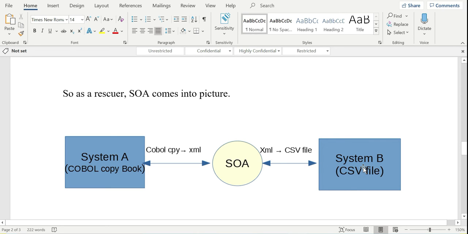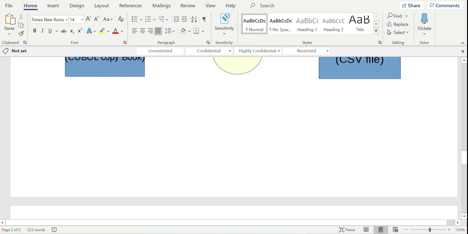And once system B is up and running, it will deliver the data to system B. So there will be no effect on system A in case system B is down. But in some cases, the data might need to be resubmitted from system A also. But that is quite understandable.